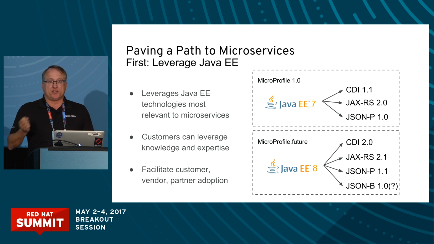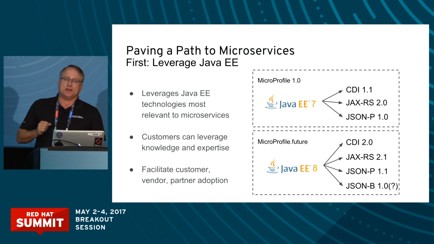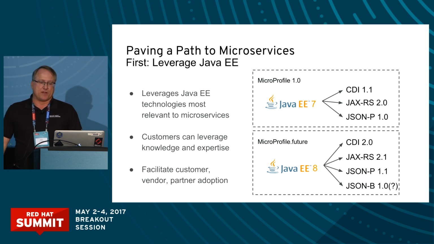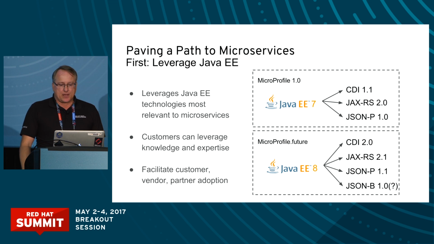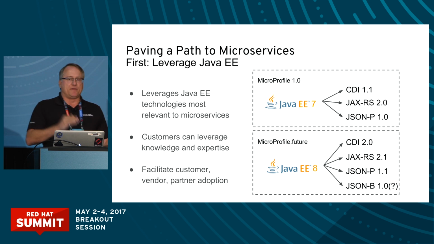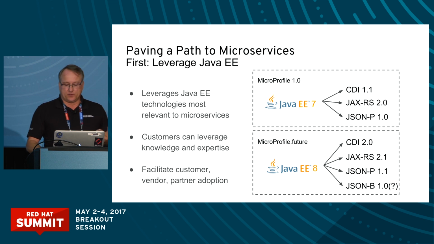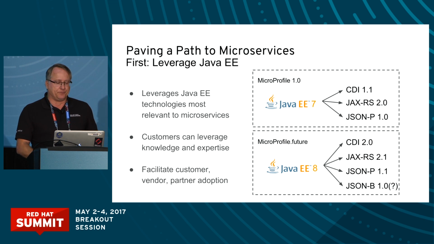And we may even add JSON binding, right? Which basically takes JSON representations of objects and maps them to a Java object. So this gives you a little bit of an idea of how, if you have a Java EE background, you can start pretty easily with MicroProfile, right?